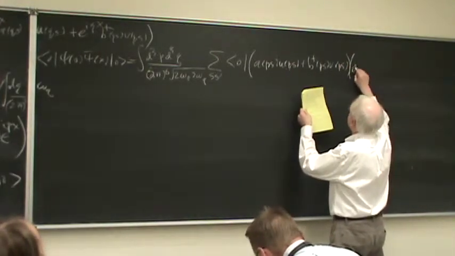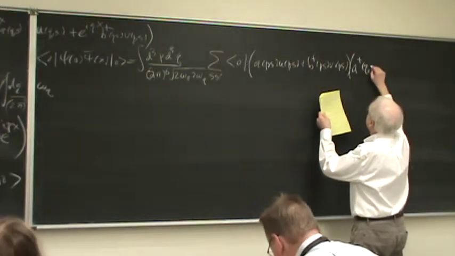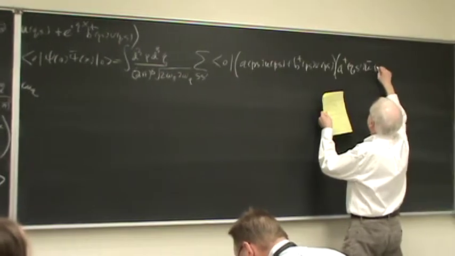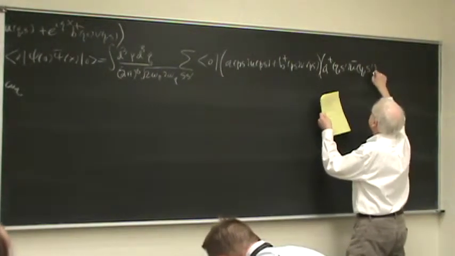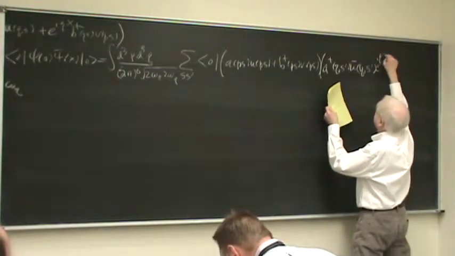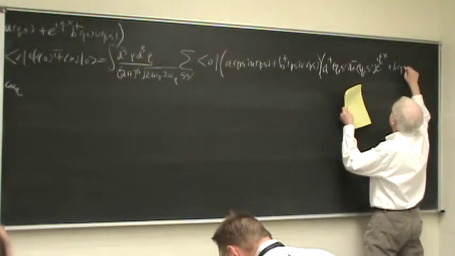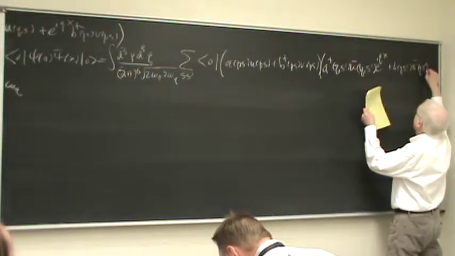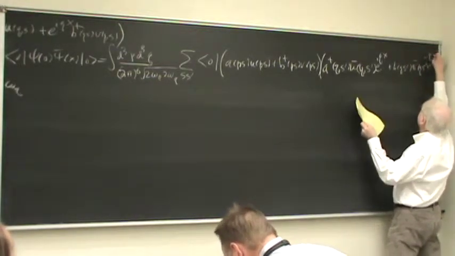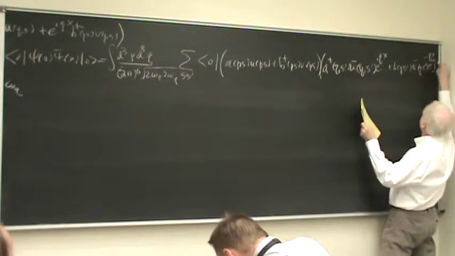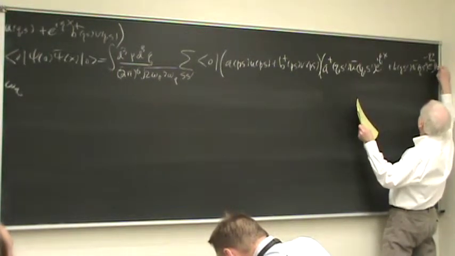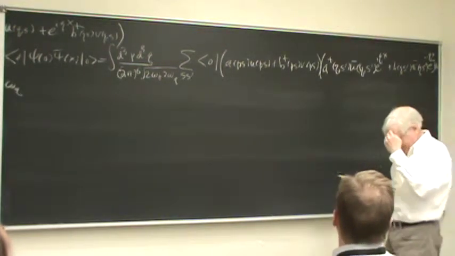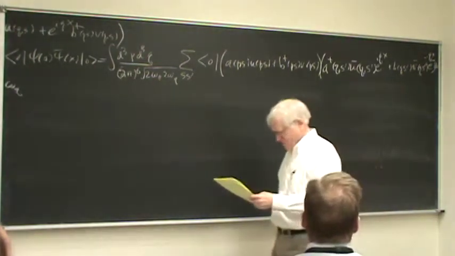The next term, though, is a dagger of q and s prime, u bar of q and s prime, e to the iqx, plus b of q and s prime, v bar of q and s prime, e to the minus iqx, right bracket, vacuum.